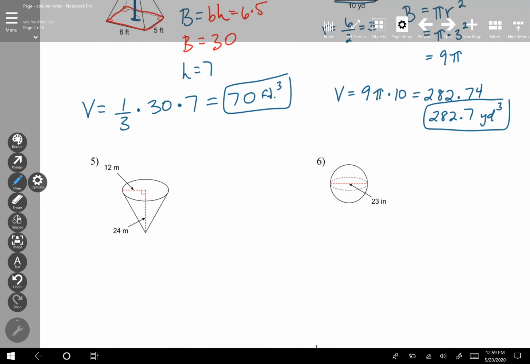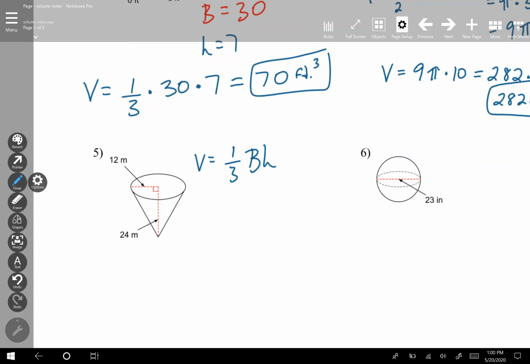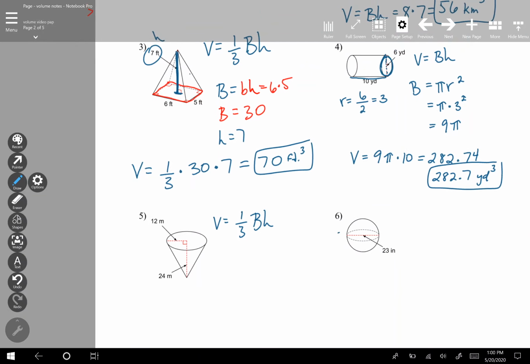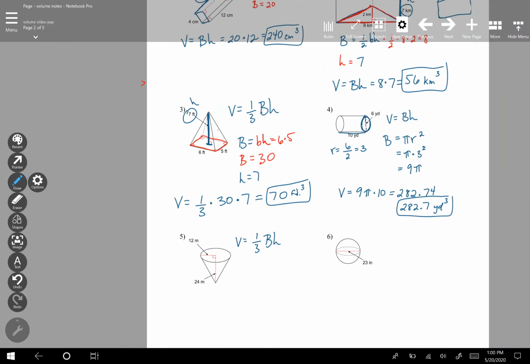Alright, next thing we have here is a cone. A cone is like a pyramid, so volume is 1/3 area of the base times the height. And the reason for this 1/3 on pyramids and cones is, if you actually take a cone, you could fit 3 cones inside a cylinder that has the same size base.